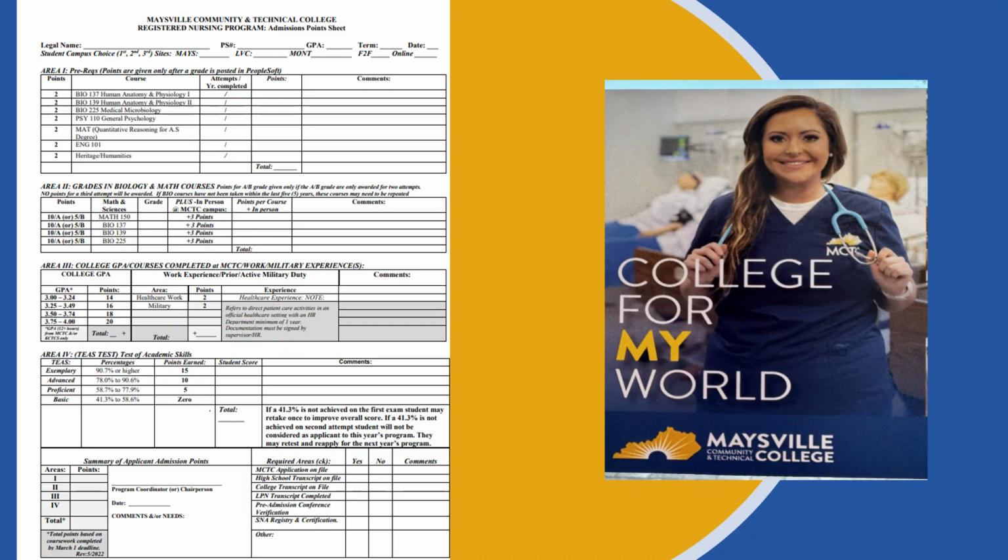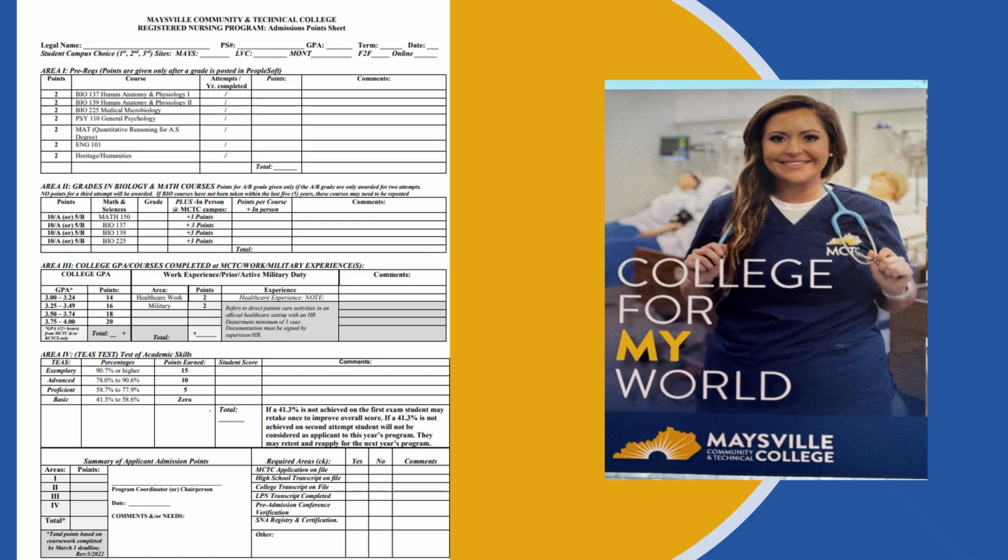If you've taken and completed your Bio 137, Bio 139, and Bio 225, then you would get 2 points for taking those. If you are currently taking Bio 137 or 139 and you're in the middle of the class when you turn in your application, we will not give you 2 points for that because you have not completed it.